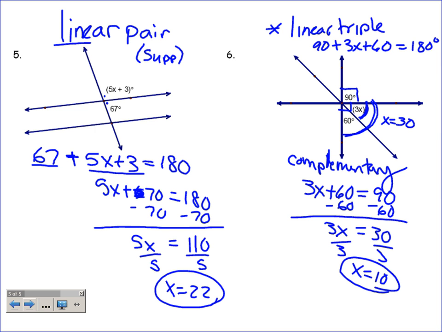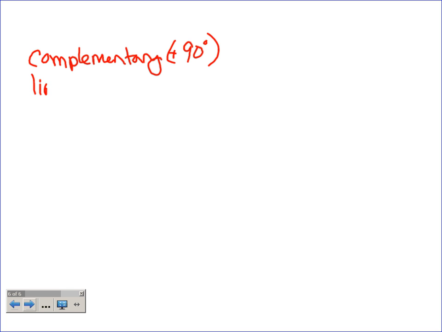Okay? So these are the angles that we're talking about. Again, it is like multiple choice. We will have a couple different relationships, and I do want you to have these somewhere. Complementary, they always add up to 90. Linear pair, they add up to 180.